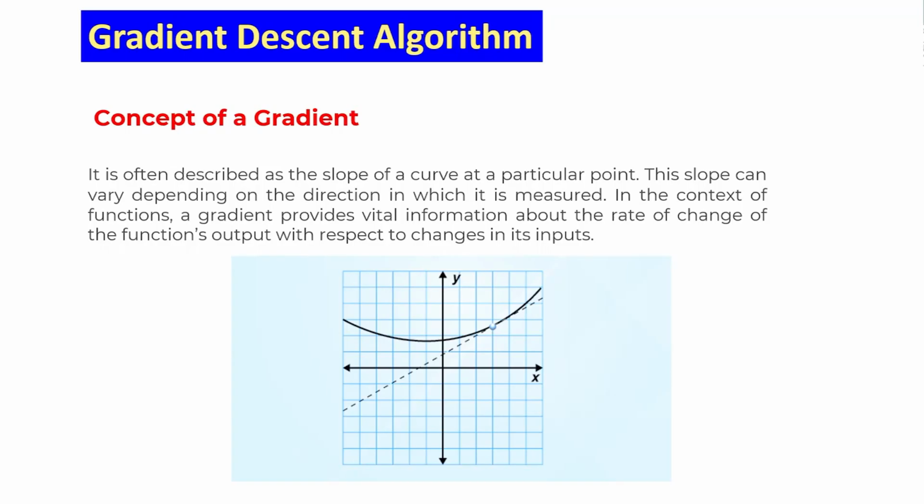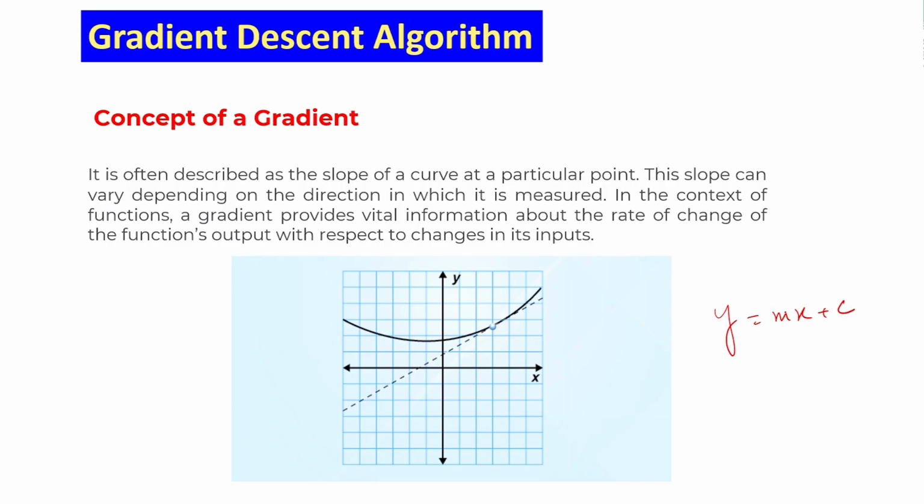So as you know, gradient is simply nothing but the slope of the curve, right. Basically, the slope can vary depending on the direction in which it is measured in the context of curves, and therefore gradient provides important information about the rate of change of the function's output with respect to the change in the variable. Because we know a straight line is y equals mx plus c, right.